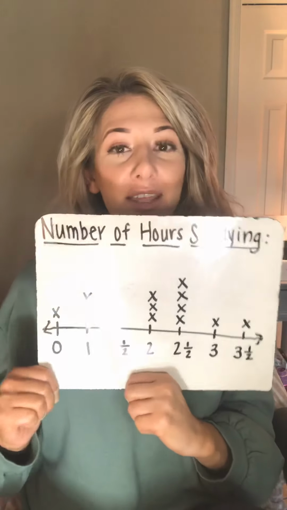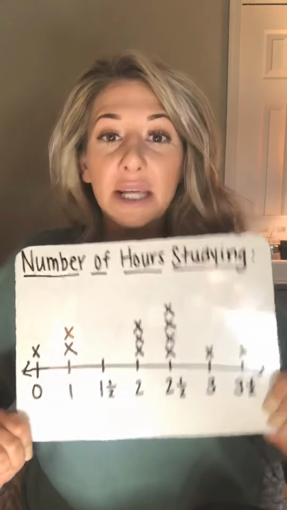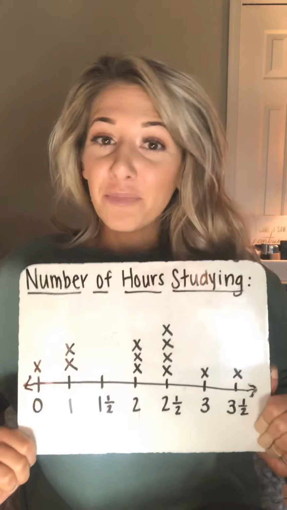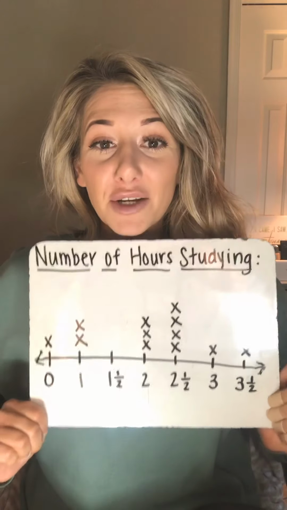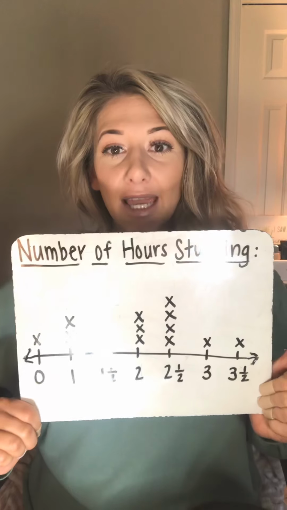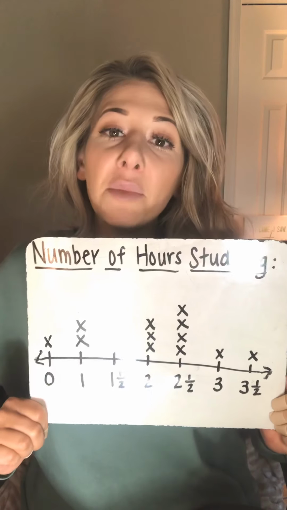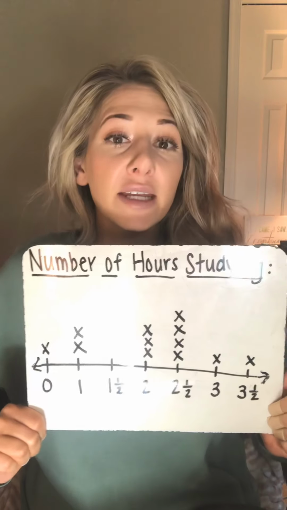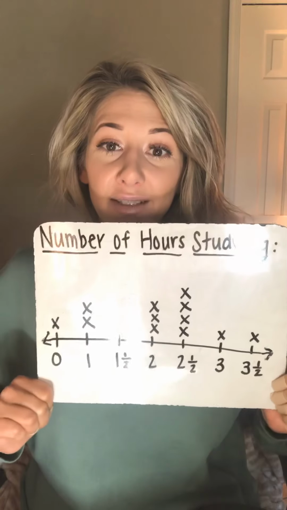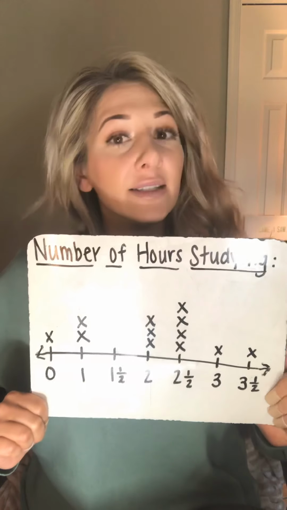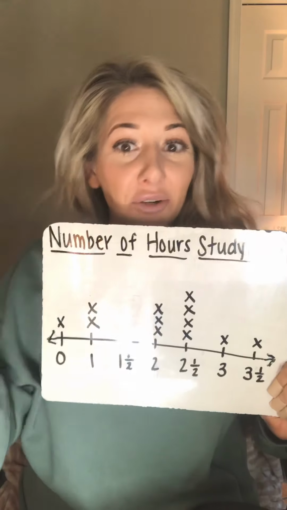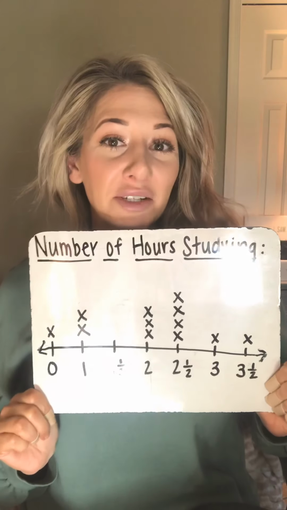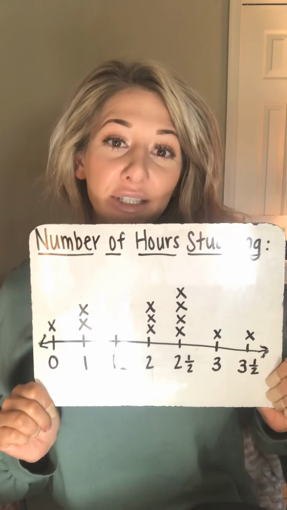So then if you were taking a test or practicing, or when you go to practice after you're done watching this video, there's going to be questions that say, how many children did not study at all for their math test? Well, if they didn't study, they studied for how many hours? 0. So how many children studied for 0 hours?